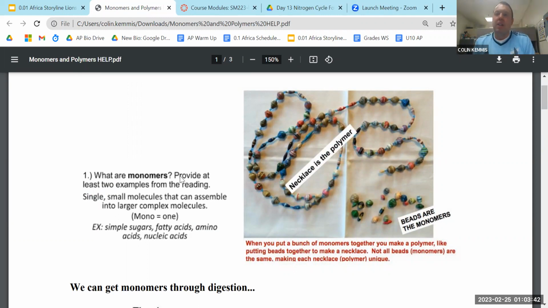It's a bunch of molecules put together into a chain. We see those polymers with carbs, starch, cellulose, and proteins, putting the amino acids together into a long chain necklace. I hope that helps you visualize that a little bit better.